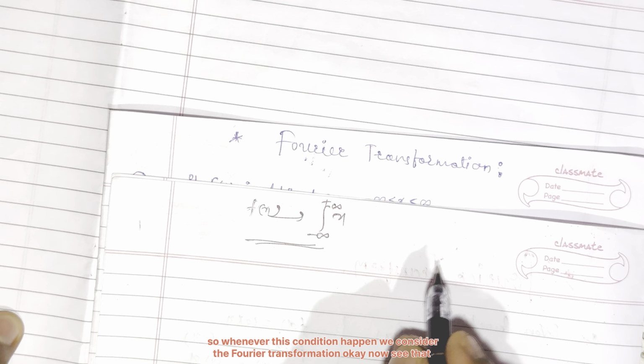Now, the Fourier transformation is denoted by capital F. Capital F is the Fourier transformation, and small f is the inverse Fourier transformation.